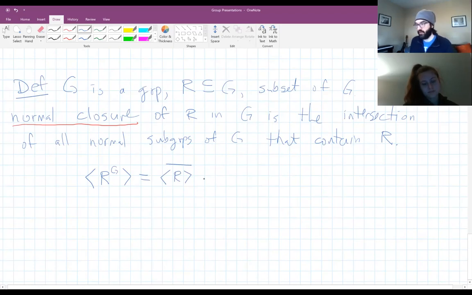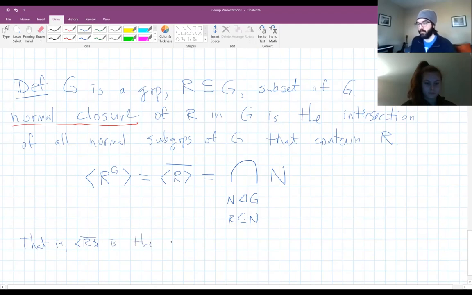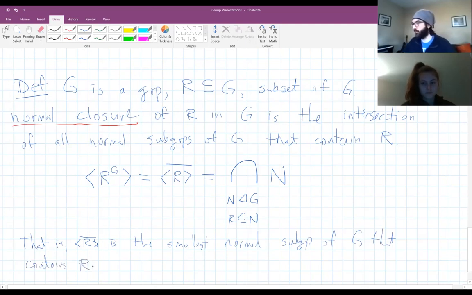And this is equal to the intersection of all normal subgroups N of G, where R is a subset of N. Another way to think about it is that the normal closure of R is the smallest normal subgroup of G that contains R. I promise we're going to get to some examples.